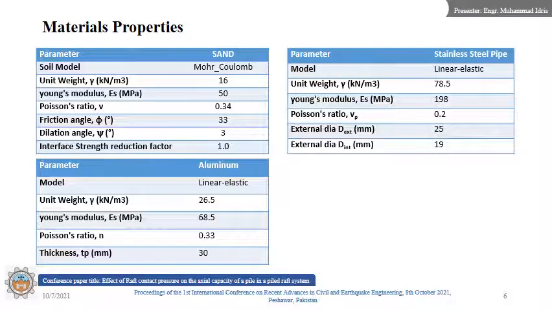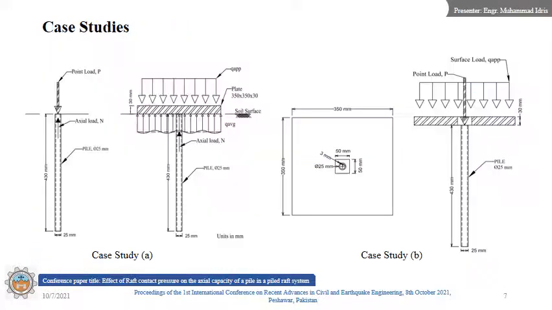While the pile material was a stainless steel pipe, having a linear elastic model with a unit weight of 78.5 kN per meter cube, a Young's modulus of 198 megapascal, a Poisson ratio of 0.2, an external diameter of 25 mm and an internal diameter of 19 mm.